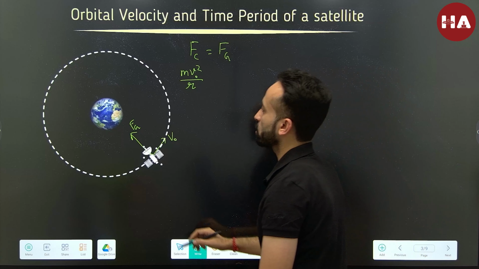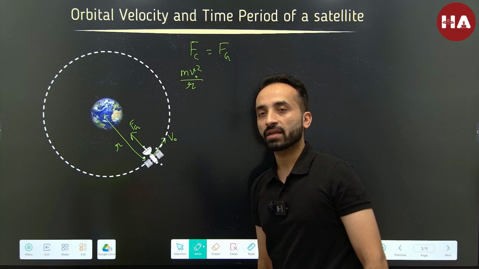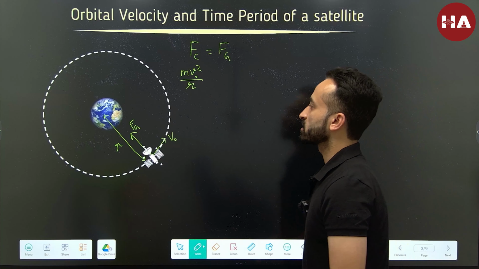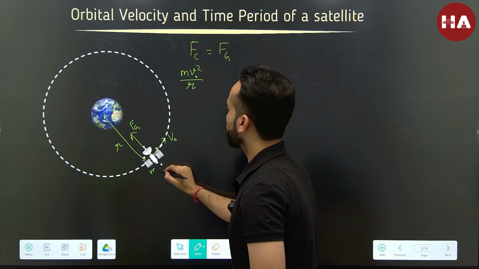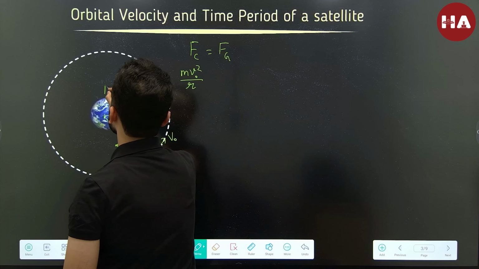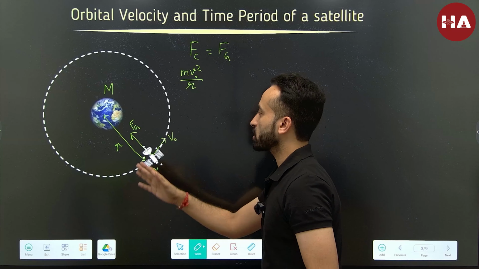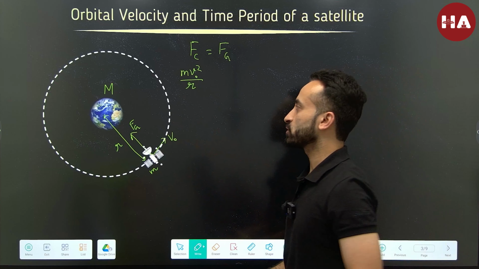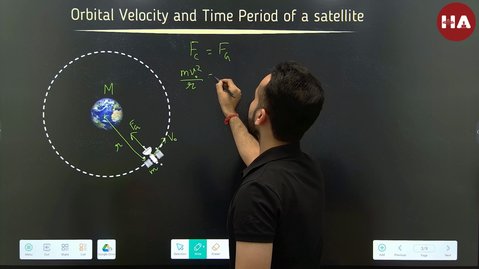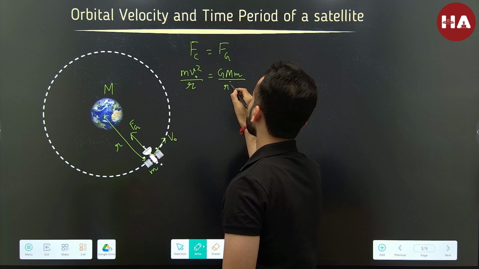Now what do you mean by all this? r is called the orbital radius, right? m is the mass of the satellite. I am denoting it by lowercase m, and the mass of the Earth I am denoting by uppercase M. I am talking about satellites of Earth, some artificial satellite, and now this should be GMm over r square without a doubt.